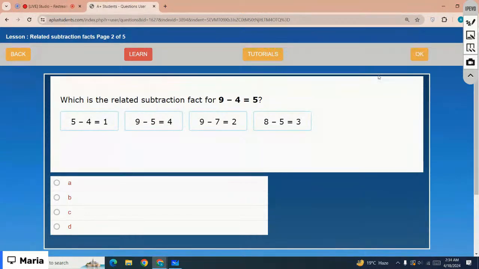The correct option is option number B. 9 take away 5 equals 4 is the correct option.